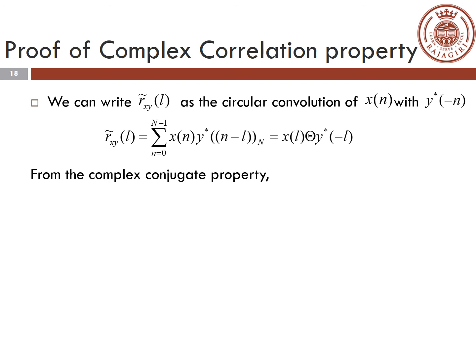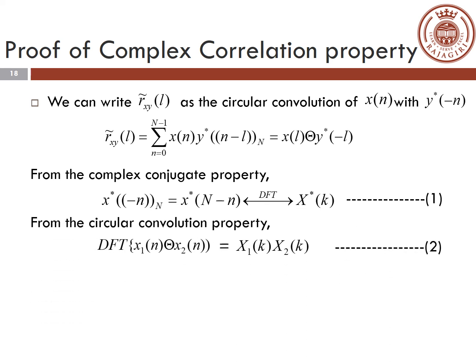Now from the complex conjugate property, we know that in x conjugate of minus n, minus n means the circular time reversal. So I can write this minus n as n minus n, and we know that its DFT is x conjugate k. This is something that we have seen in the complex conjugate property. Mark that as the first equation.